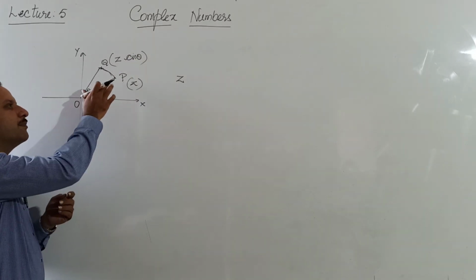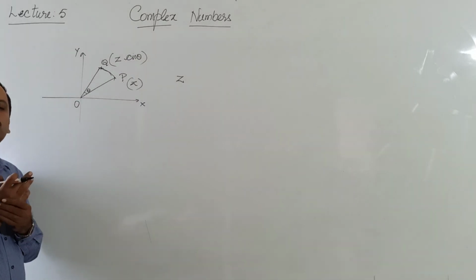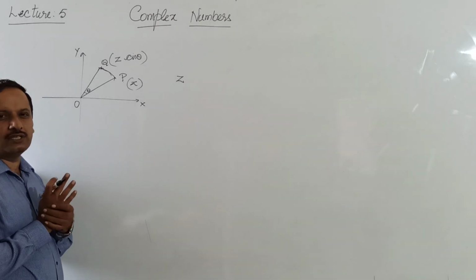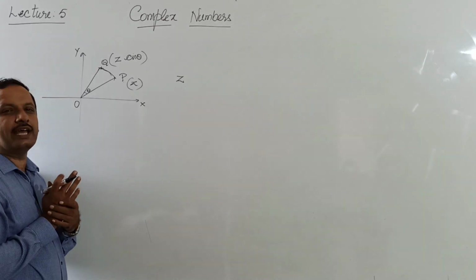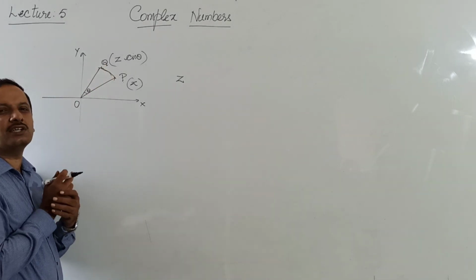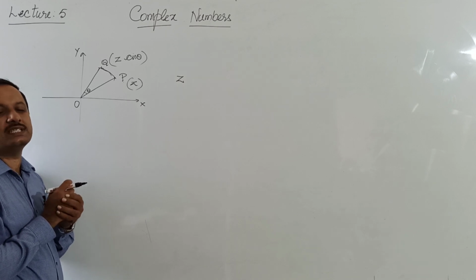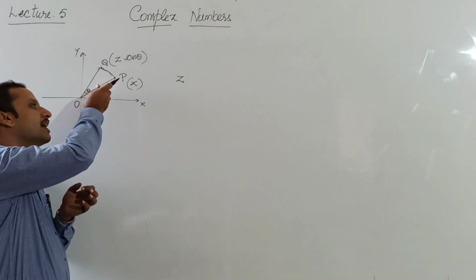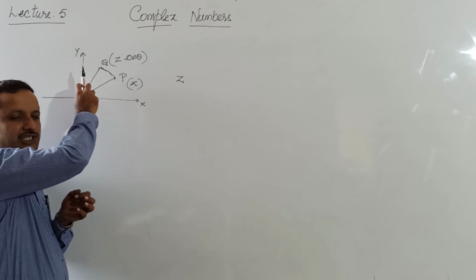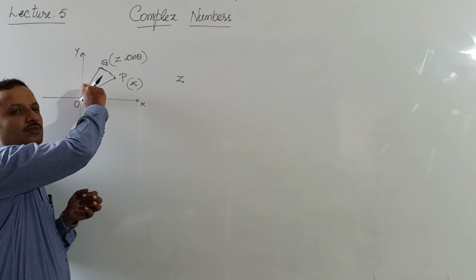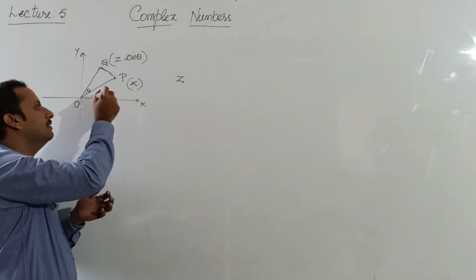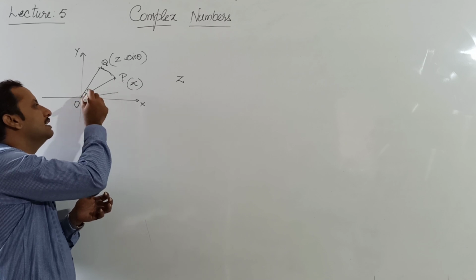If this point P is rotated through an angle theta in the anti-clockwise direction, then the new point represents the complex number z into cis theta. Suppose you are rotating through the clockwise direction, and this angle is also theta.